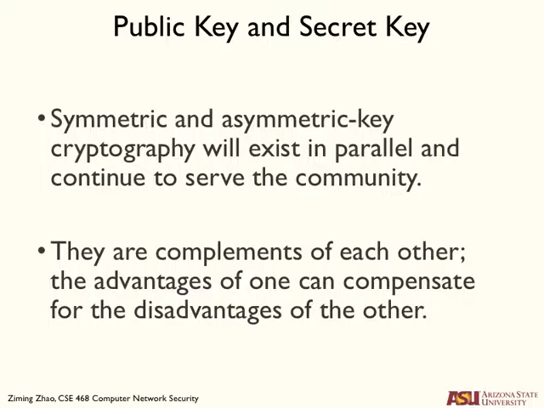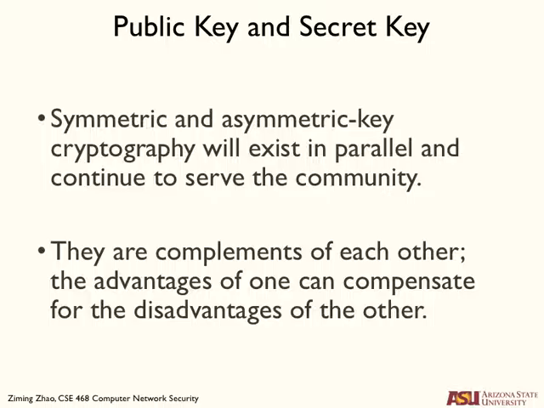So even though the asymmetric, public key crypto system has many advantages, you don't need to share a secret key, which is difficult, because it is slow it cannot really replace symmetric key crypto. So in reality, we use the symmetric key system, the public key system, and the DH protocol altogether. Basically, they complement each other.